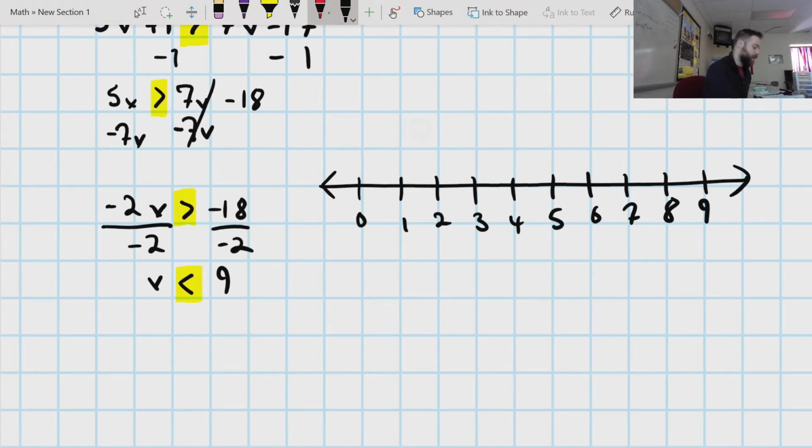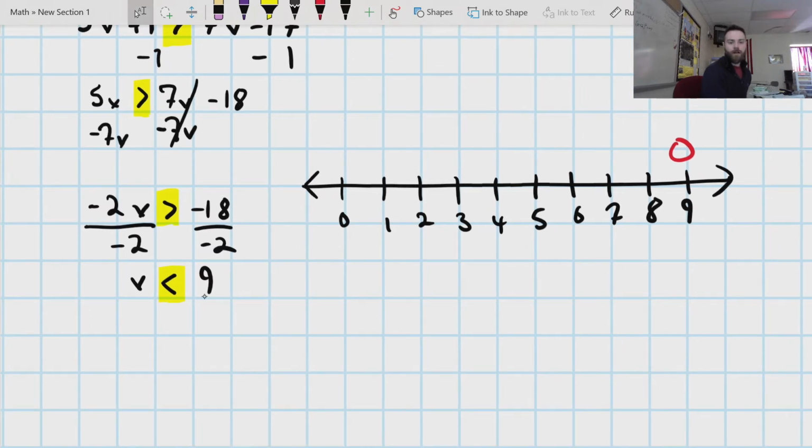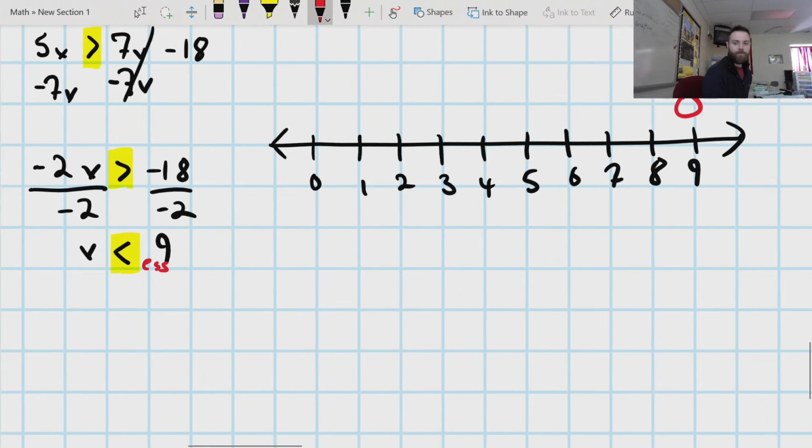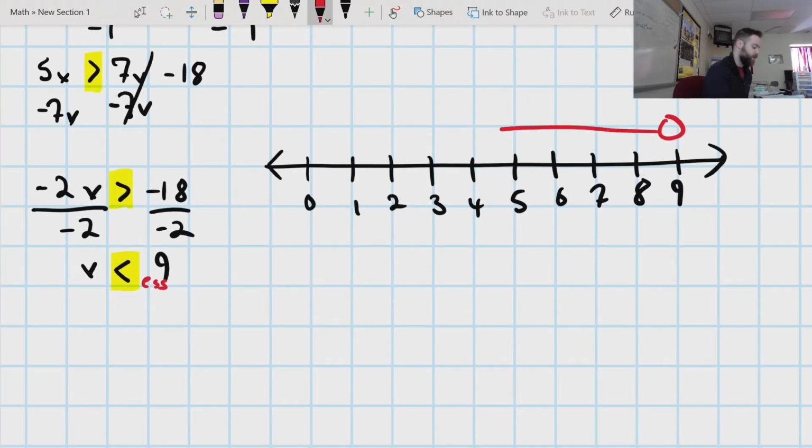So if I mark 9, I'm going to mark it with an open dot, and that's because there is no solid line at the bottom of this statement. So we're finished here. We've solved this inequality. So I've got v is less than 9. And then I'm going to shade the numbers that are less than 9, because this statement says, I can make an L out of it, so v is less than 9. So numbers that are less than 9 are down here. They're all the way over there.